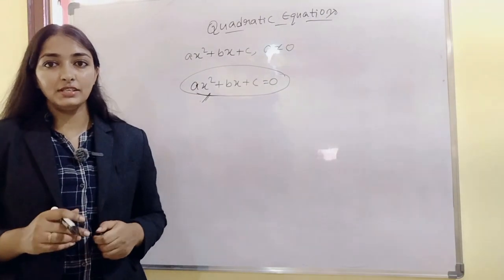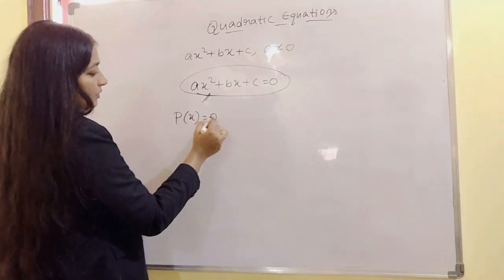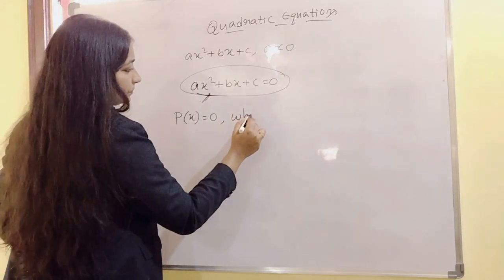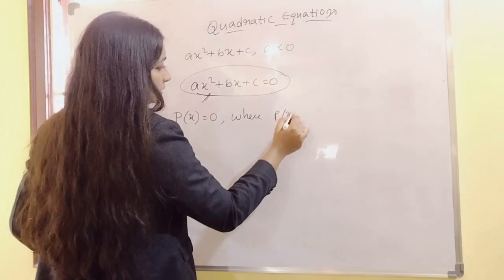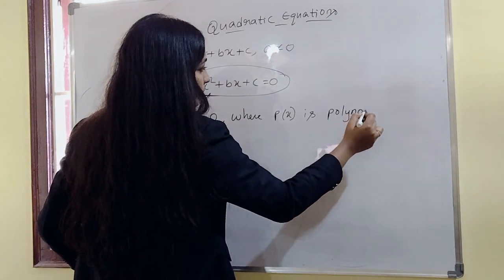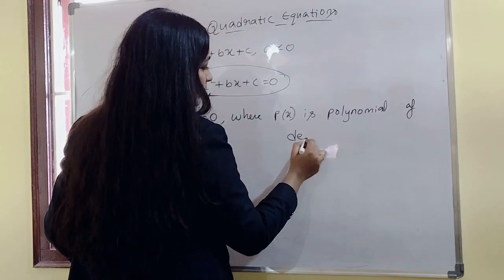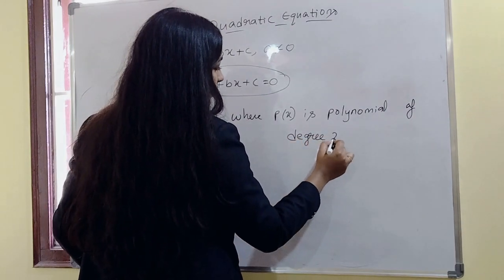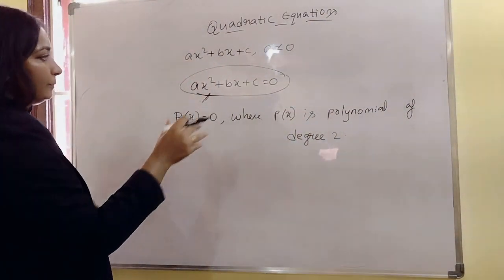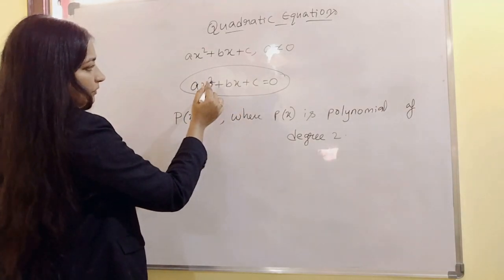So it is a quadratic equation. The equation is of the form p of x is equal to 0, where p of x is a polynomial of degree 2. Is it clear? So here, what is the degree of the quadratic polynomial? 2.